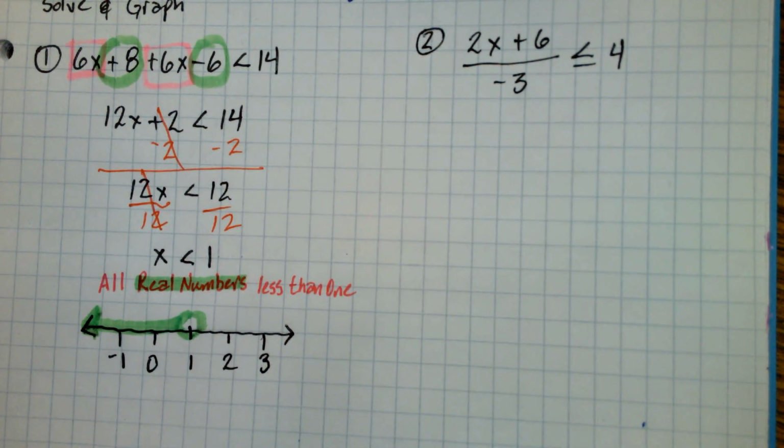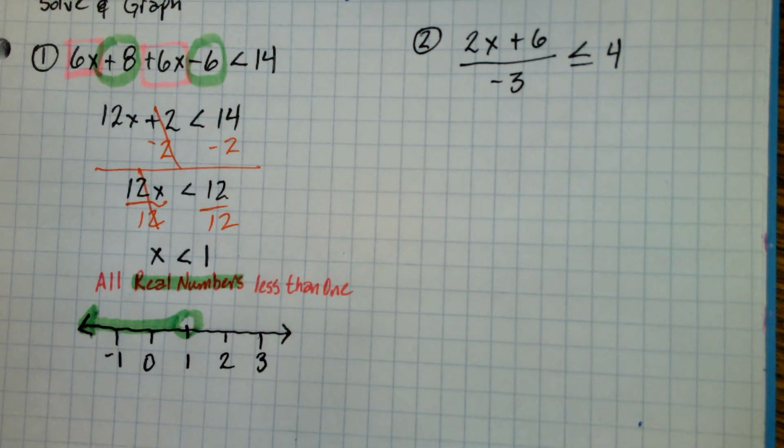So write it down and let's see. This one's a little different, right? It doesn't really follow the model that we're used to, but we've solved these before. What's our first move? Raise your hand if you have an idea of what to do first. Right, subtract 6. I would love to do that.